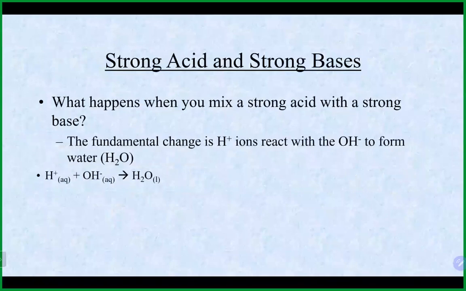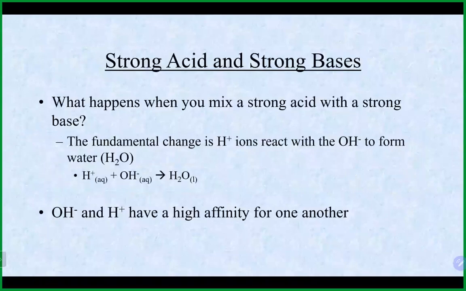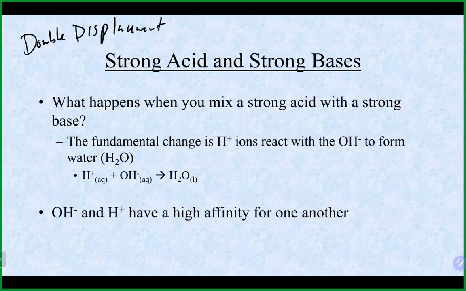So what happens when we react a strong acid with a strong base? This type of reaction is sometimes referred to as an acid-base neutralization reaction. It also falls under the double displacement umbrella. Any combination of a strong acid and strong base that you put together, the overall reaction that is actually taking place is really the formation of water.